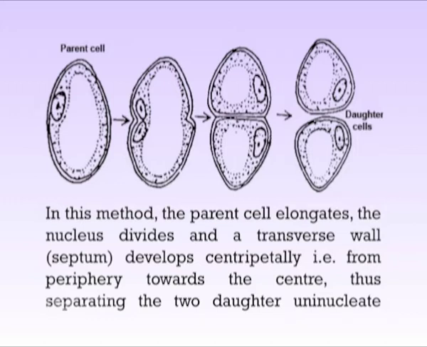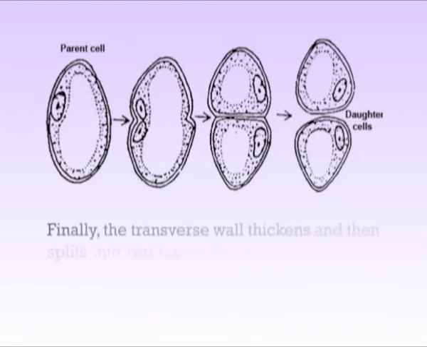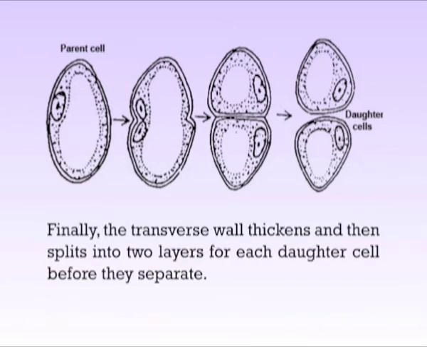Centripetally means from the periphery towards the center, and thus separating the two daughter uninucleate cells. Finally, the transverse wall thickens and then it splits into two layers for each daughter cell before they separate.